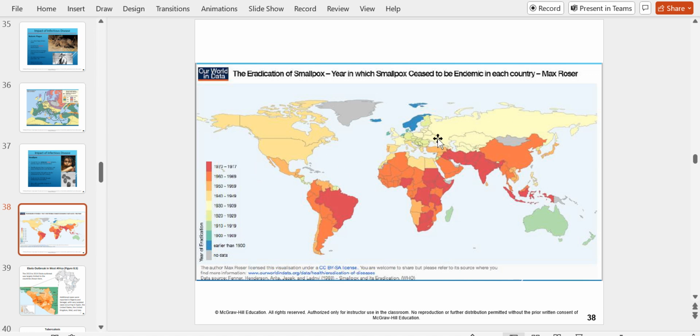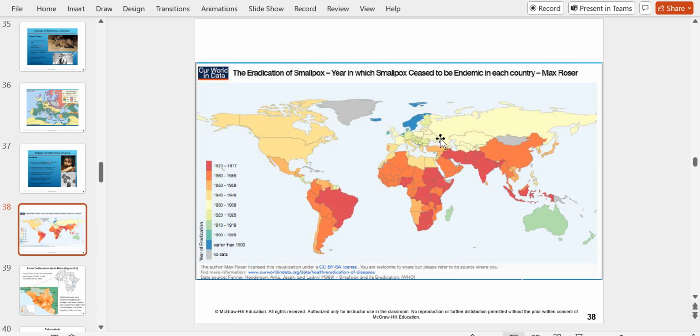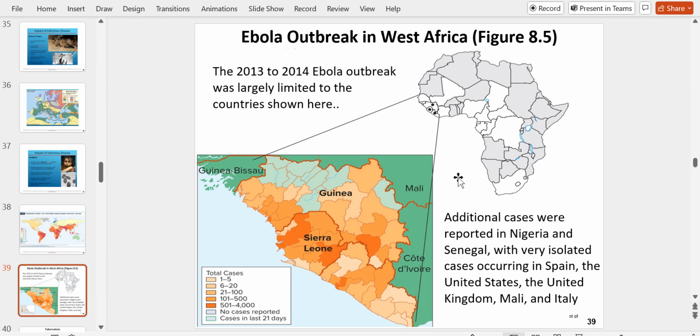It's a sad, sad state of affairs. Ebola outbreak there in West Africa, as we said, 2013 to 14. Additional cases were reported in Nigeria and Senegal, with very isolated cases occurring in Spain, United States, UK, Mali, and Italy.